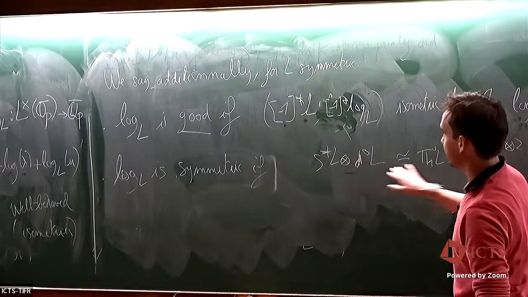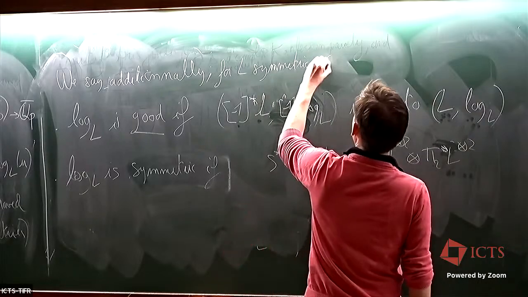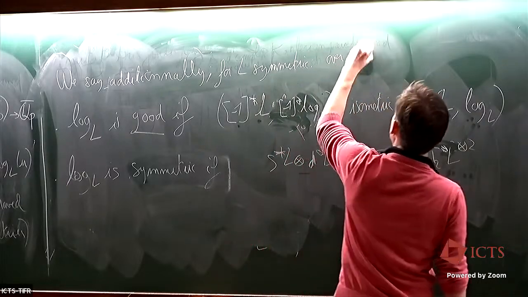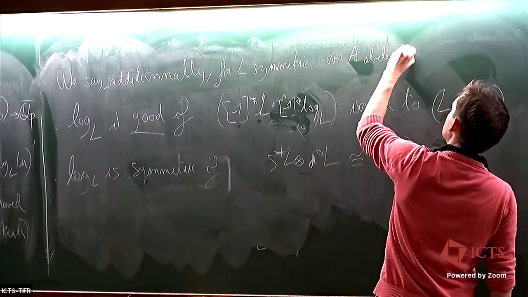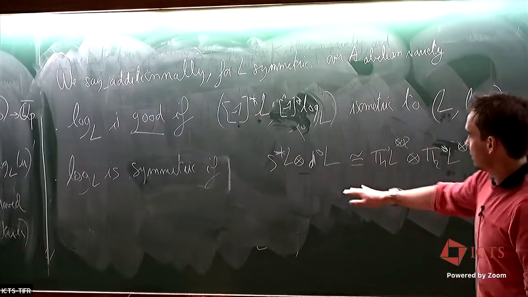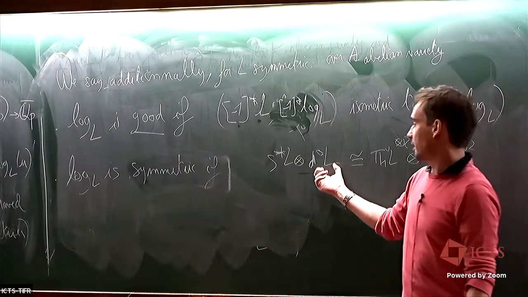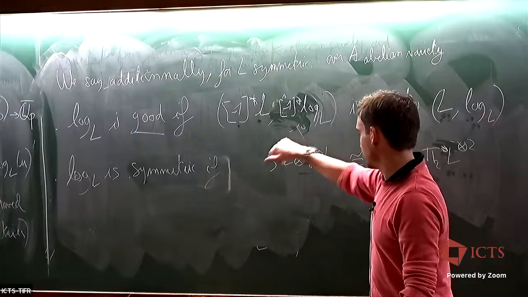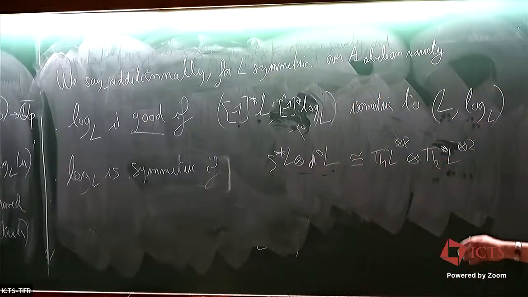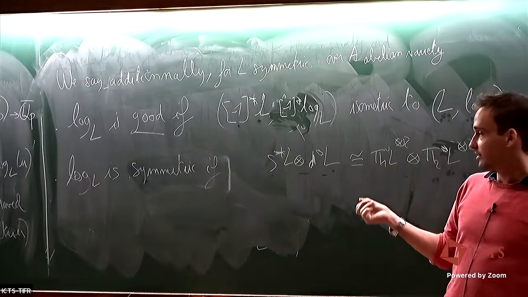This lives on A times A, over A an abelian variety. Here we cannot define it, of course, over something else. This is an isomorphism. It's sufficient to rigidify L at R, and I have rigidifications here and here, so I can have one unique well-defined isomorphism. And I'm saying log L is symmetric.